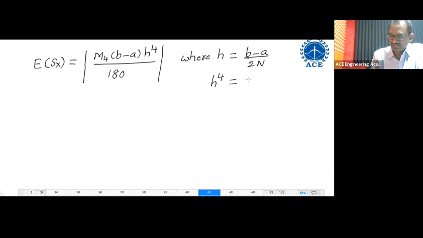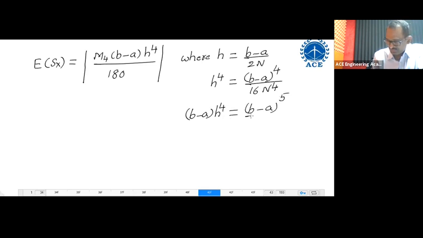H power 4 is equal to (b minus a) whole to the power of 4 by 2 to the power of 4, 16 n power 4. Multiply both sides by b minus a into h power 4. B minus a into (b minus a) whole power 4, (b minus a) whole power 5 by 16 n power 4.